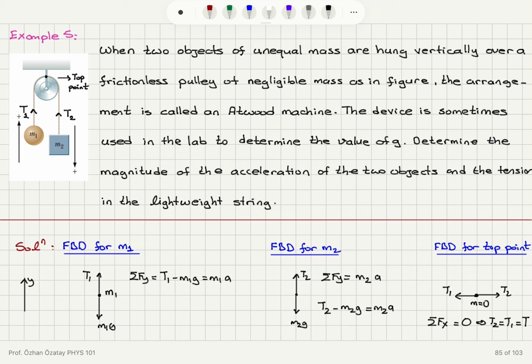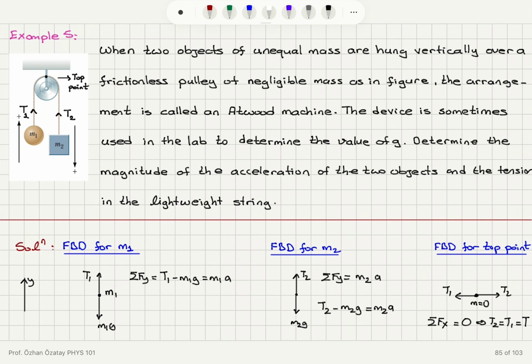So this is a consequence of having a lightweight cord that is used in this Atwood machine. So it's a lightweight string. That gives us the conclusion that the tensions are the same. Now, we can substitute this result into the two equations we have obtained from the free body diagrams.